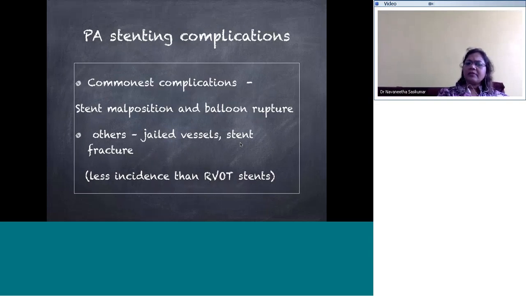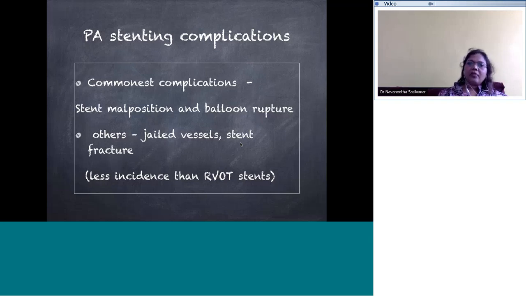Complications specific to stenting: stent malposition, again balloon rupture. Also you can jail vessels, like if you have branches coming out of the area where you have stented, you can jail the vessel, and then you might have to recross and dilate through the stent struts.